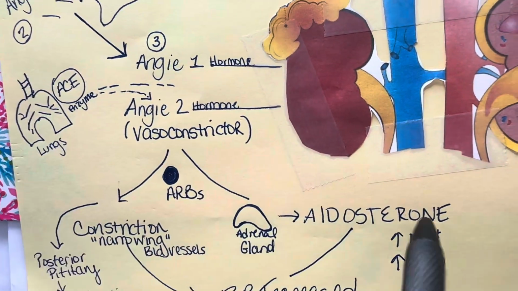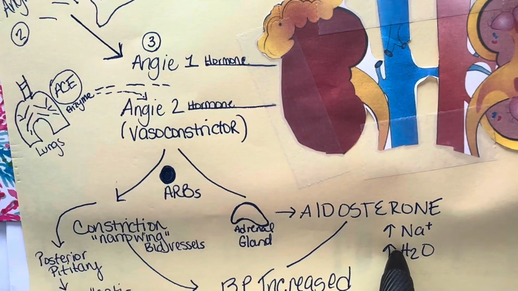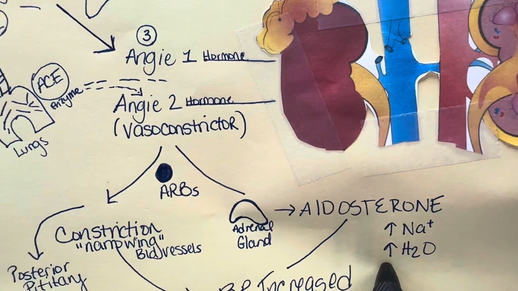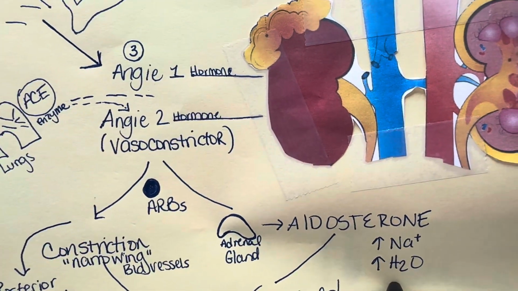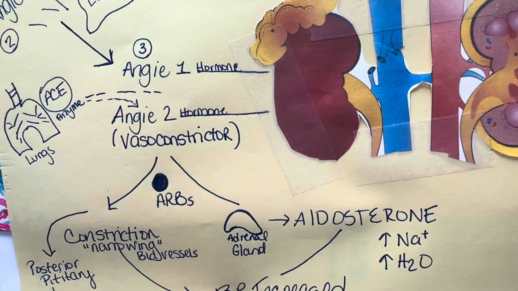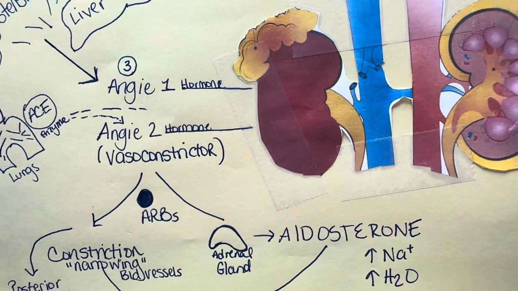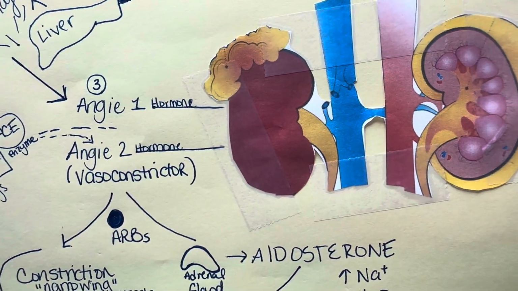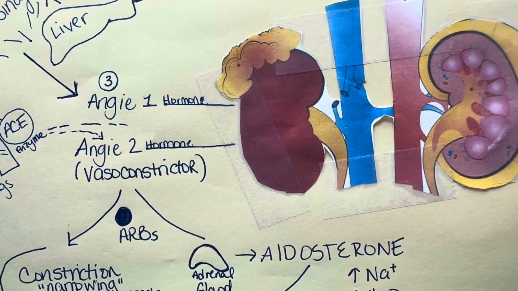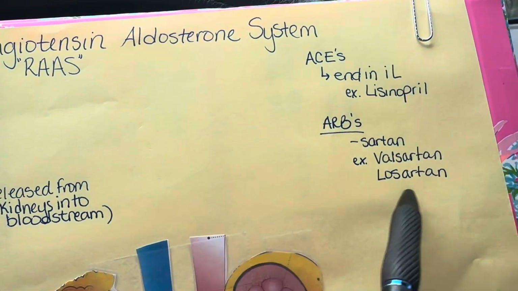So therefore, you're not going to retain sodium. You're not going to retain the water. You're going to eliminate it, right? So in the body and out of the potty. That's where it's going. So therefore, you're going to have a return of lower blood pressure. So that's how these medicines work.